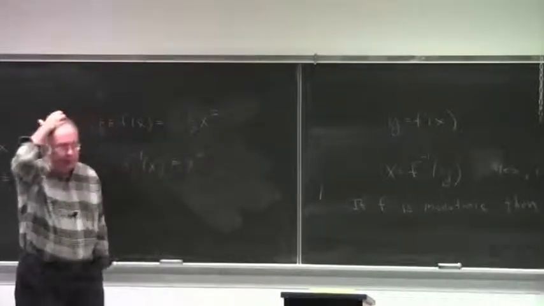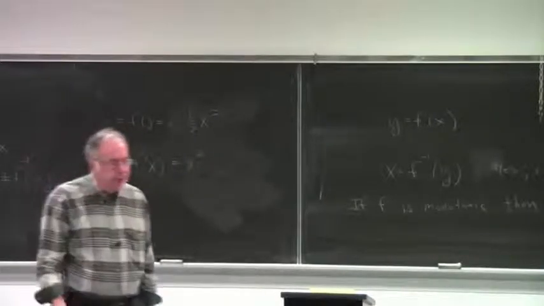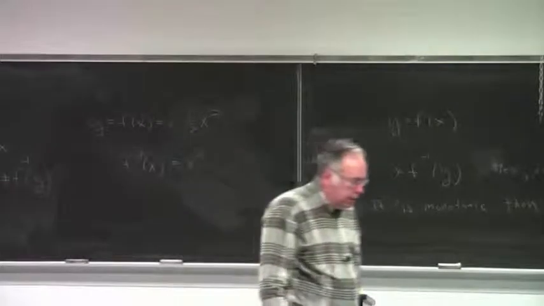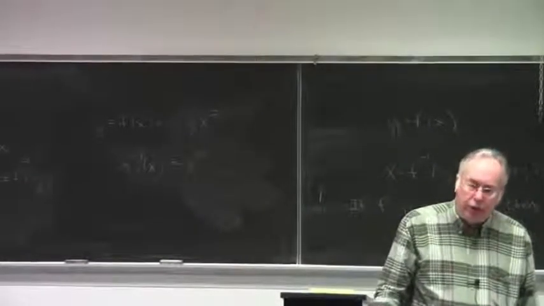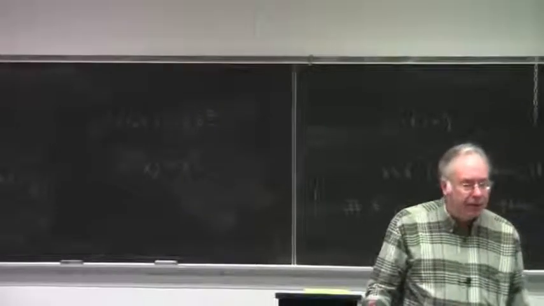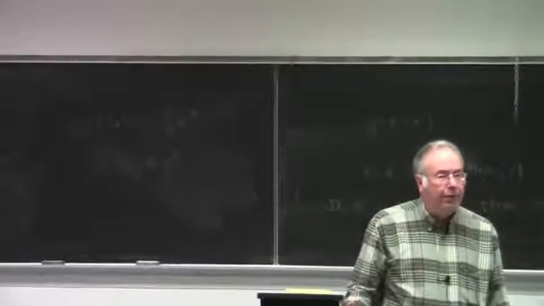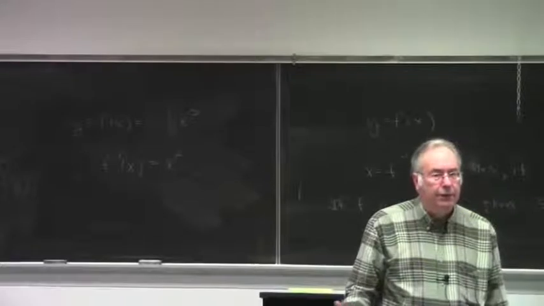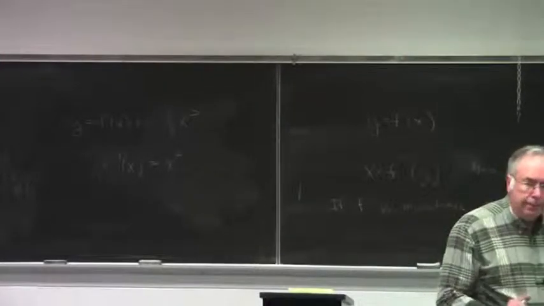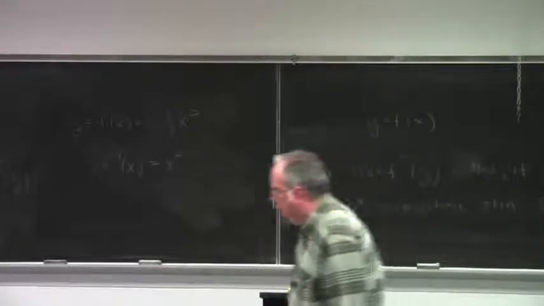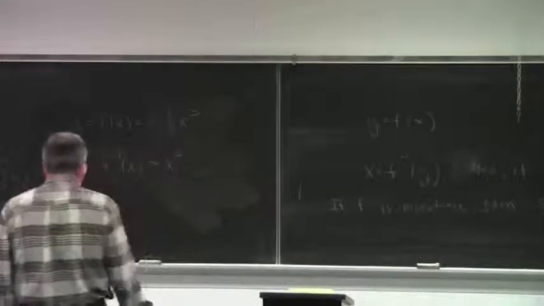Now, what's the problem here? Is this a monotonic increasing function? Well, it's hard to show it through the derivative test because if x equals 0, what is f prime of x? 0. So you want to show it's always positive. No, it can't ever be 0.